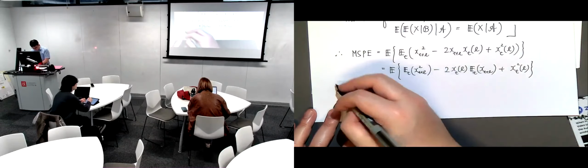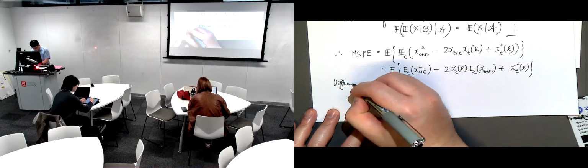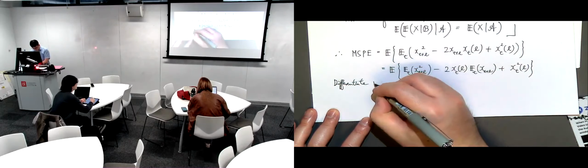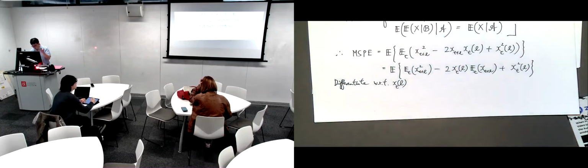Well, and then what to do with this? We differentiate with respect to X_t bracket L, because you want to find the minimizer.